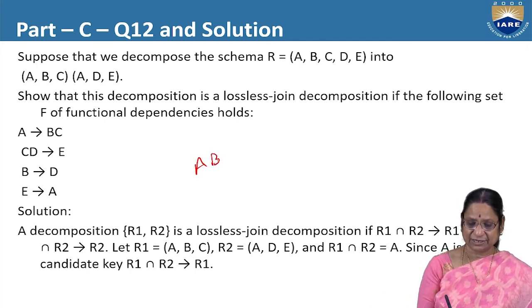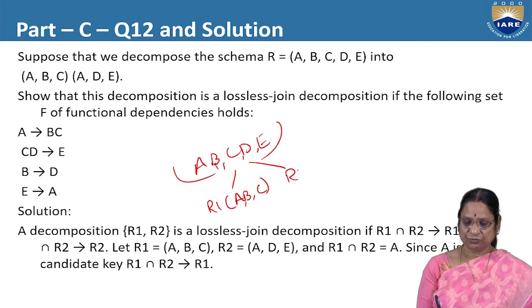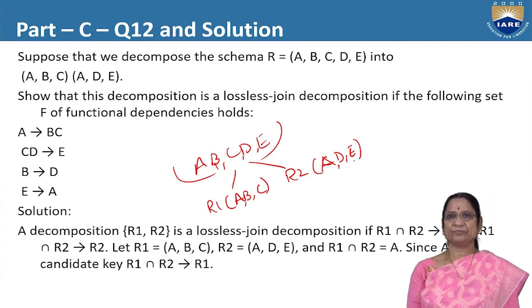This is my original relation, with attributes A, B, C, D, E. It is decomposed into R1 of A, B, C and R2 of A, D, E. Two subrelations.